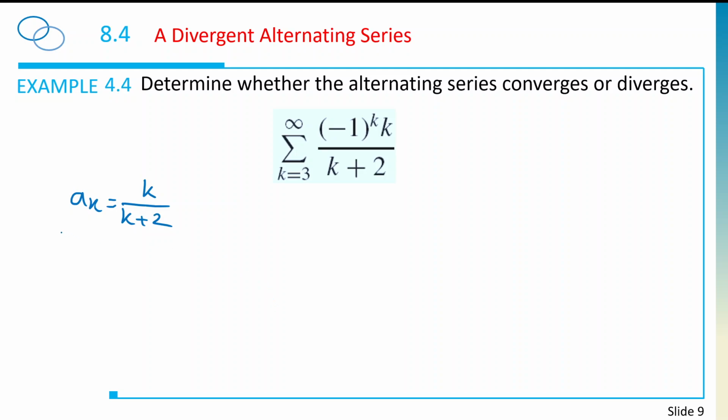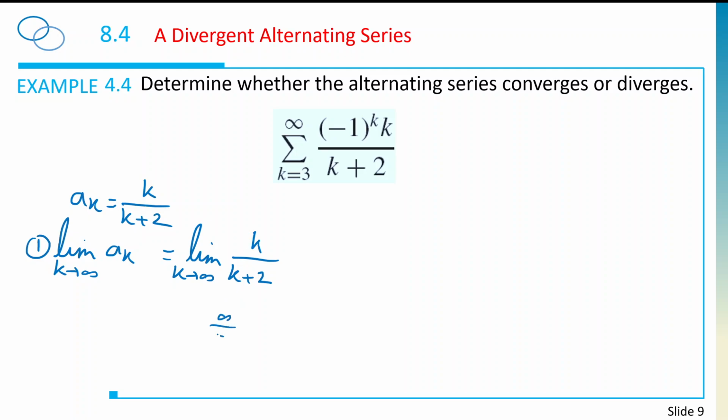Great. Now I'll try to find the first condition. Check the first condition: the limit of a_k as k approaches infinity equals the limit of k over k plus 2 as k approaches infinity.